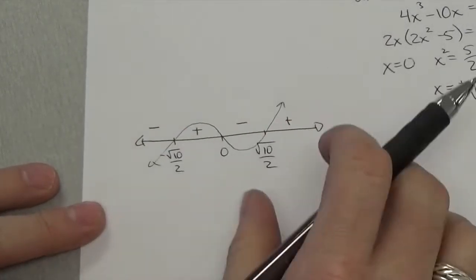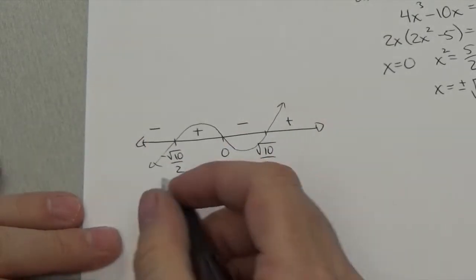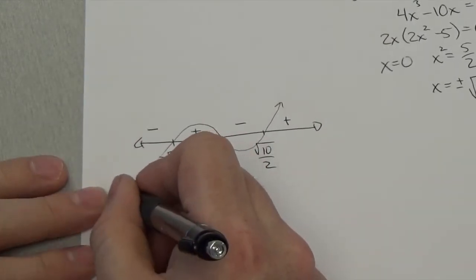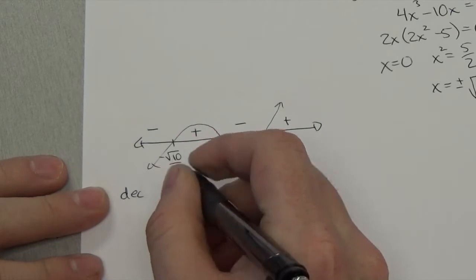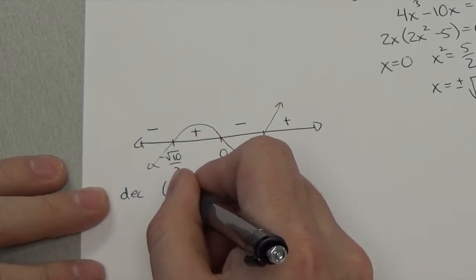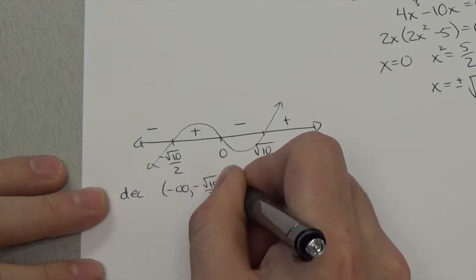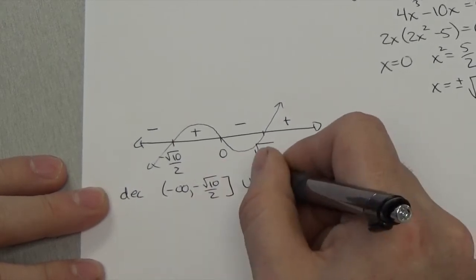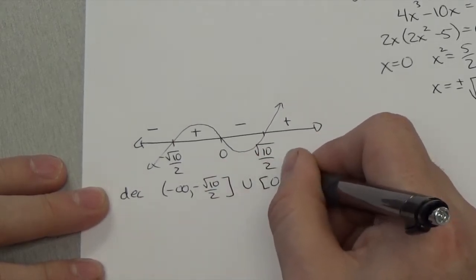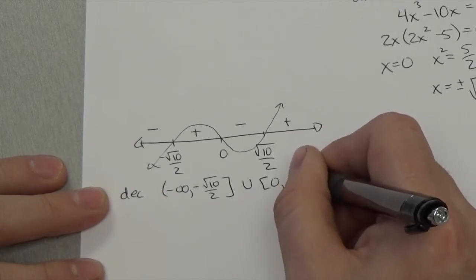So because the first derivative is positive and negative in those intervals, I know that my function is going to be decreasing on the interval negative infinity to negative root 10 over 2, union 0 to positive root 10 over 2.